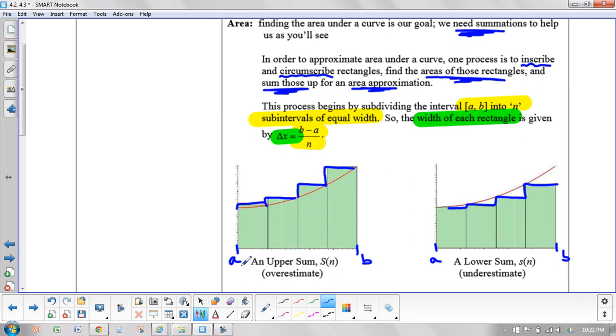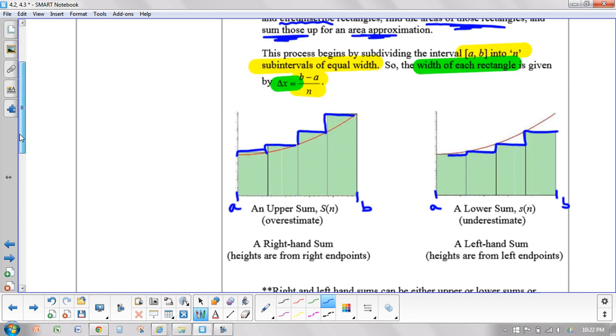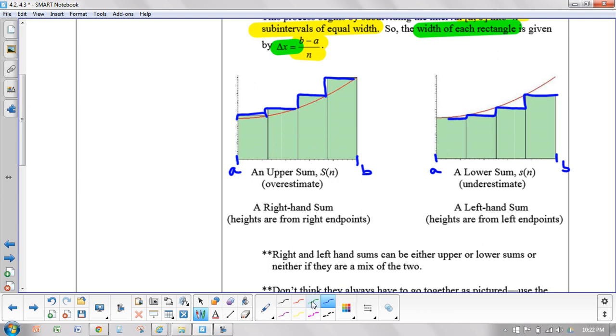Okay. What you are looking at right here showcases a couple of different terms from the front page. So this is an upper sum simply because it's an overestimate. This also coincidentally happens to be a right-hand sum because all the heights are coming from the right endpoints.